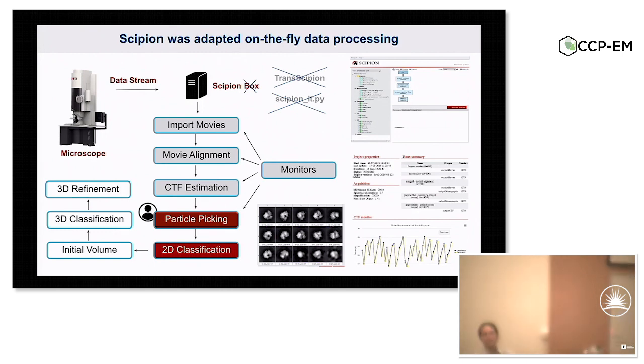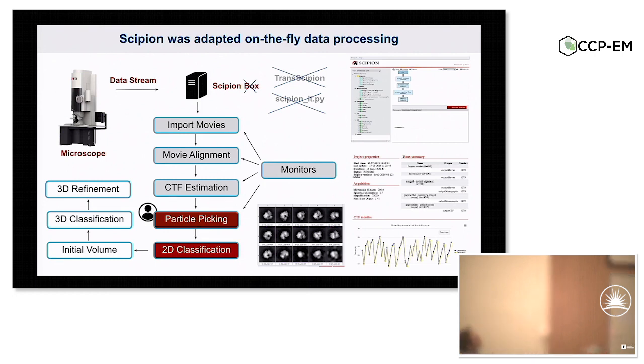So you start putting images in your open set, and then the process can start. After you import movies, we can fire movie alignment, and again here, you have all the flexibility. You can use MotionCor, now Relion, or any software you have. We didn't want to give up one of the best things, in our opinion, of the framework: the flexibility and all the possibilities that you have for any of the steps.